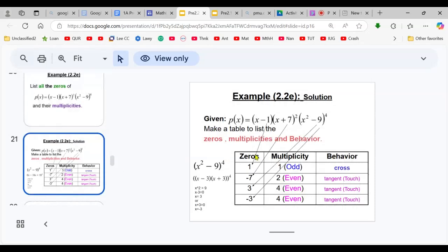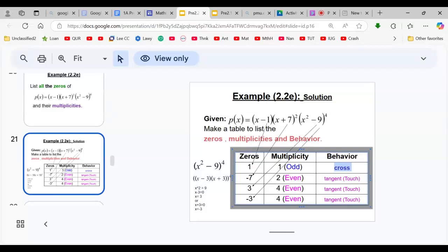Now, he's asking about the multiplicity. This is to the power k, how much is it here? 1. So how many times will it cross? 1. Negative 7, what's the power here? Is it going to be touch? How many times is it going to touch? 2, because it's going to touch and go back. That's called 2.